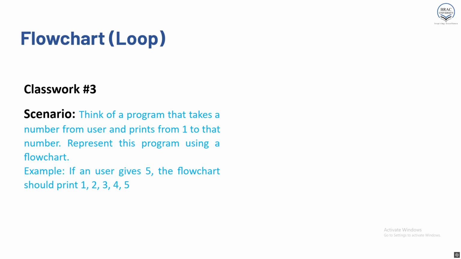If yes, print the initialized variable value, which should print 1, and then increment the value with 1, because the next value should be 2, and check again with the condition. After continuing the loop, when the initialized value exceeds the number which was inputted by the user, the condition becomes false and ends the flowchart. Understood? Then just do it.